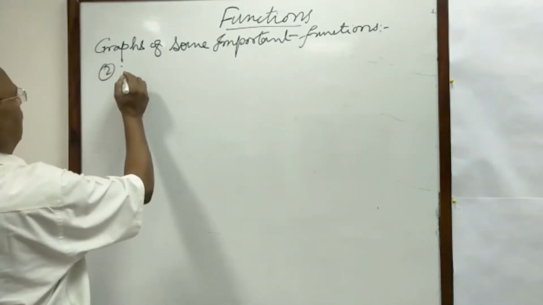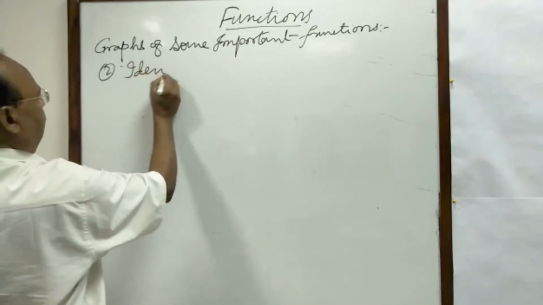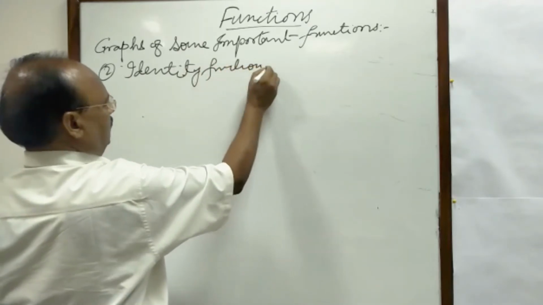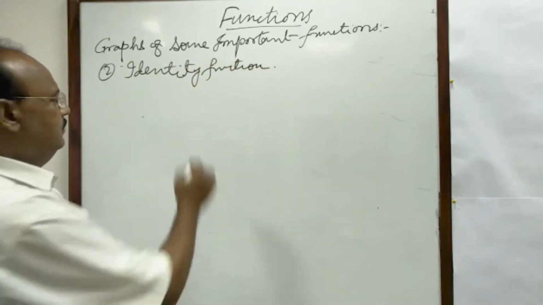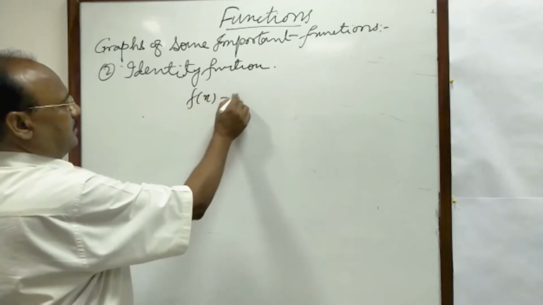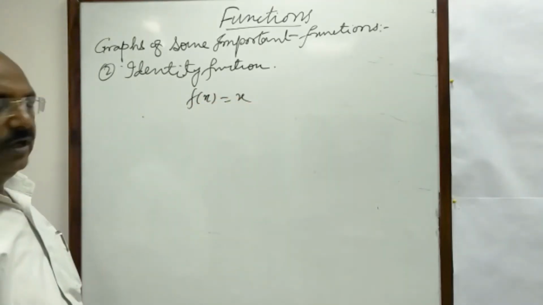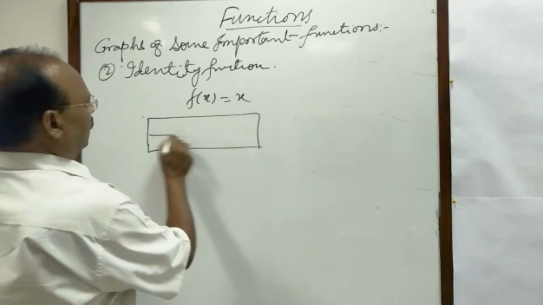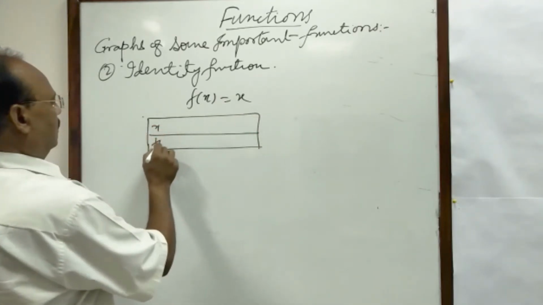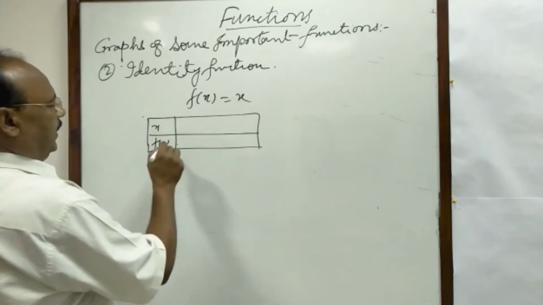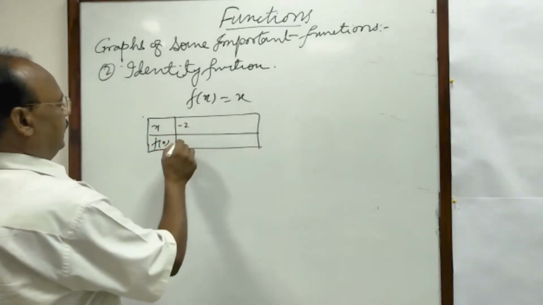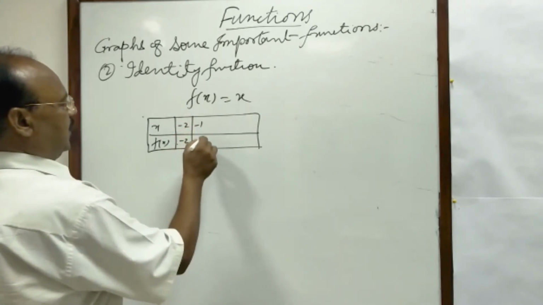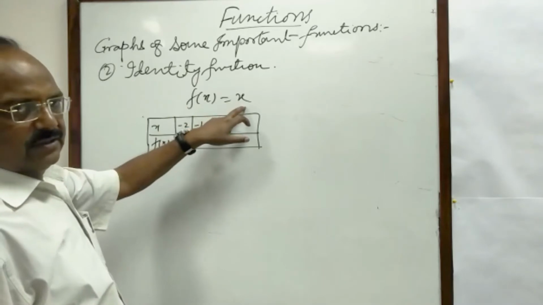Second, let us see the graph of identity function. You know, identity function is defined as f(x) = x. And when we make a table, we'll get it like this. If x is equal to -2, f(x) is equal to -2; x is equal to -1, f(x) is equal to -1, since f(x) is equal to x.